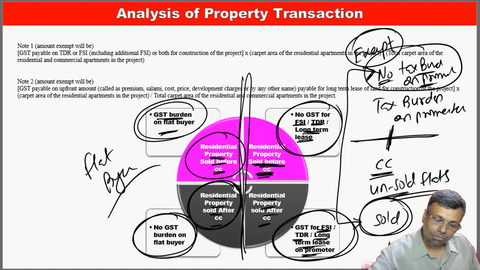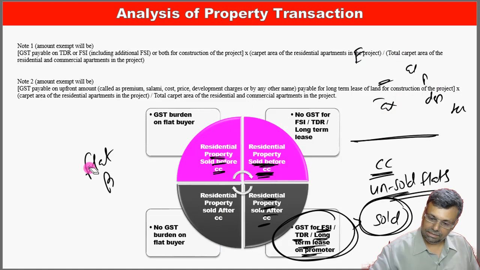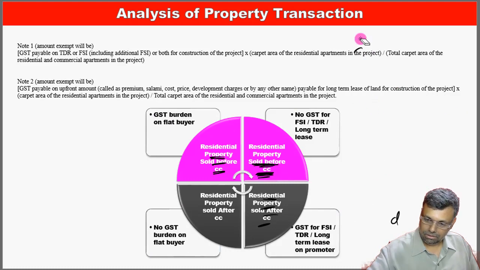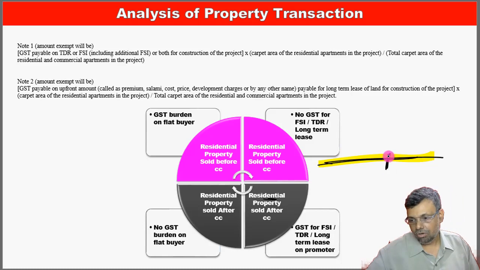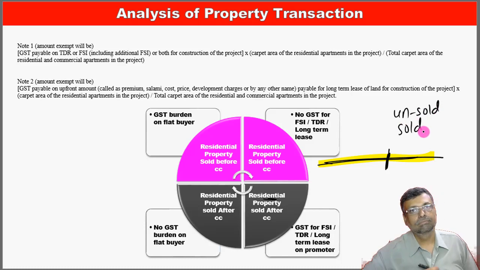Now, what you need to know basically is that the cutoff date means the date of completion or the first occupancy, whichever is first. In terms of the timeline, on the cutoff date, you should know how much is the unsold flats and how much is the sold flats.